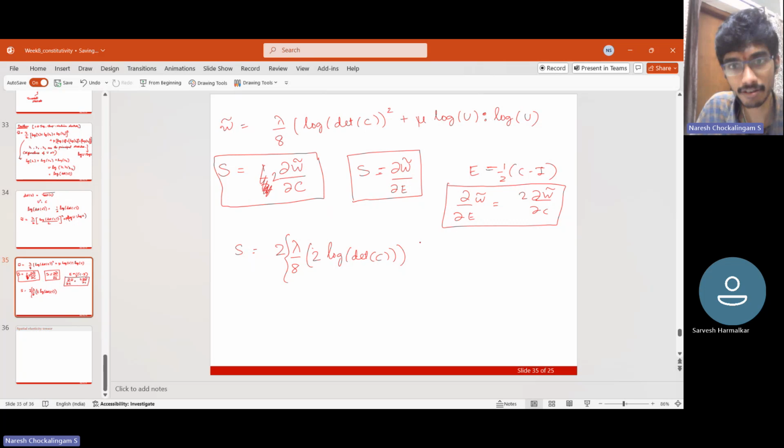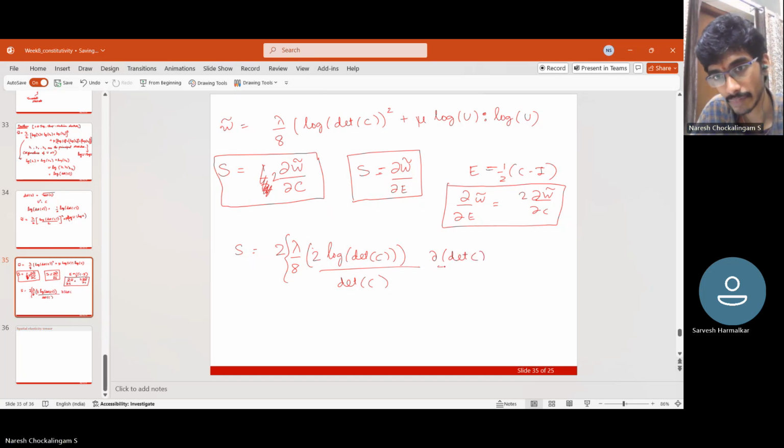Then we have log of determinant of C, so that becomes divided by determinant of C, and then you have dou determinant of C with respect to C. So the first term results in this, plus you have a mu by 4 log C double dot with log C.